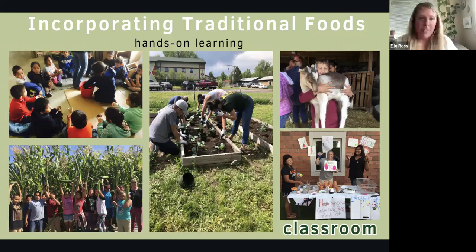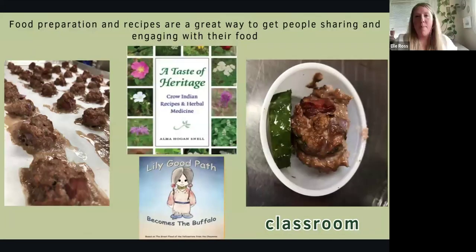So another aspect of incorporating traditional foods is focusing on that ceremony piece, and also food preparation techniques. So this is the book that I mentioned earlier, A Taste of Heritage. We didn't have access to as much local or traditional foods, but we could get local beef, at least in small quantities at that point.